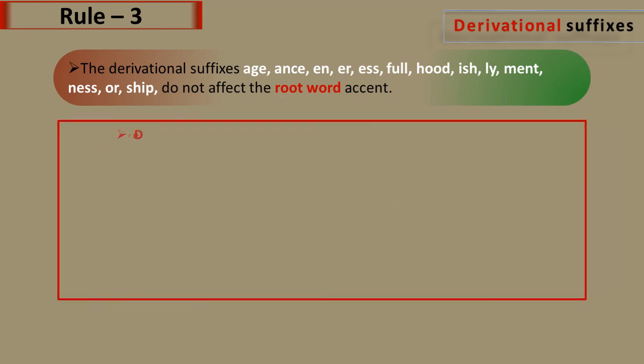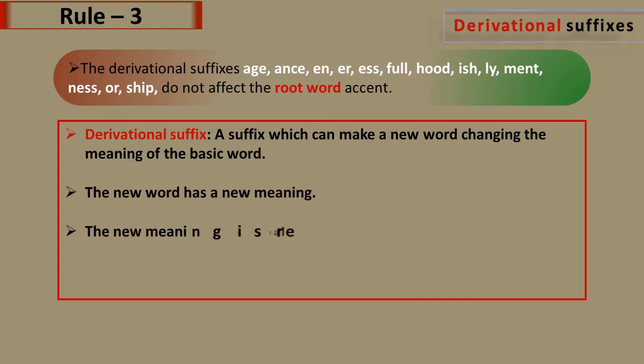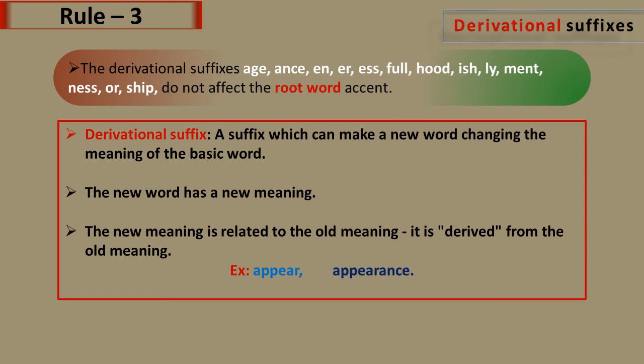But remember, there are two types of suffixes: inflectional suffixes and derivational suffixes. What is a derivational suffix? Let us see the definition. A suffix which can make a new word by changing the meaning of the basic word or root word. Remember again, what is an inflectional suffix?